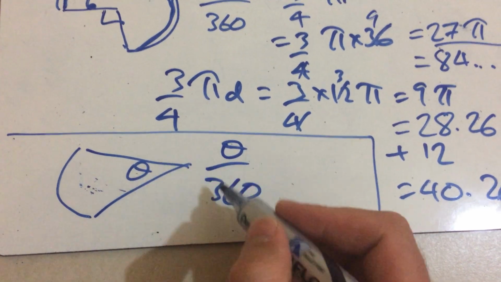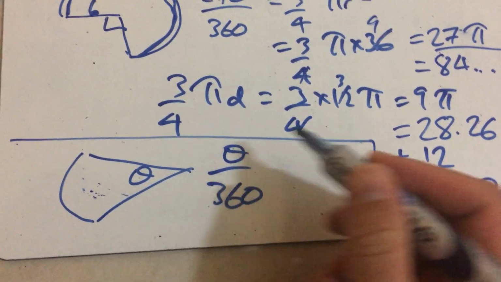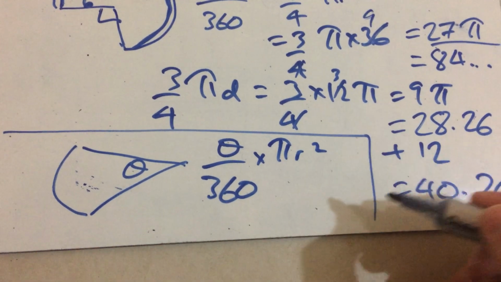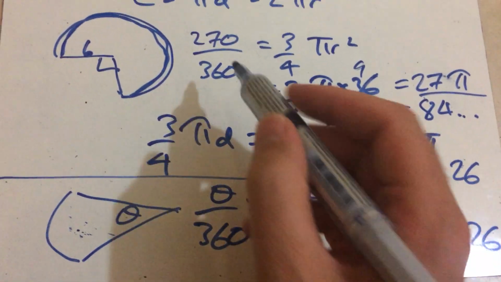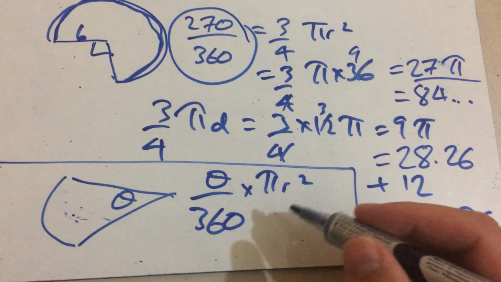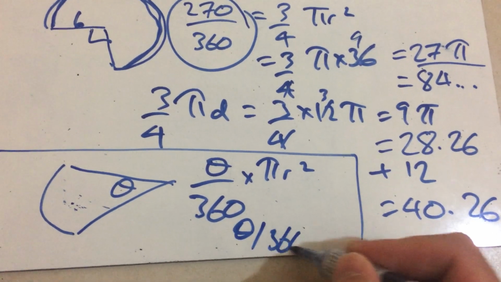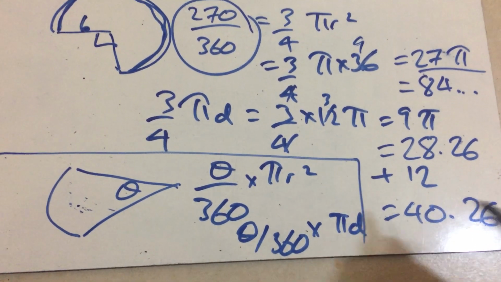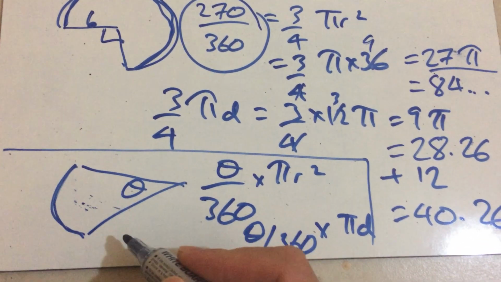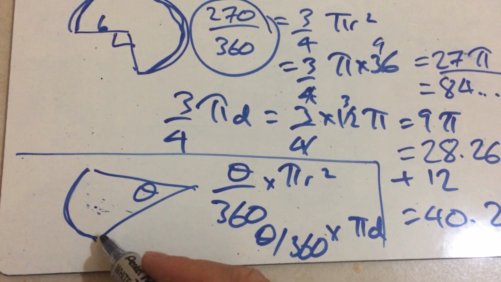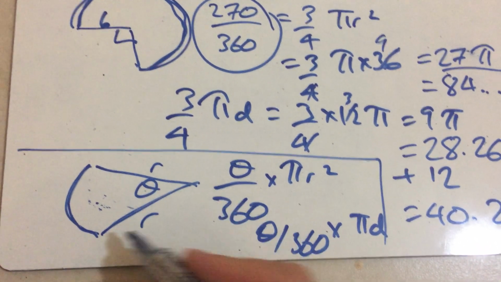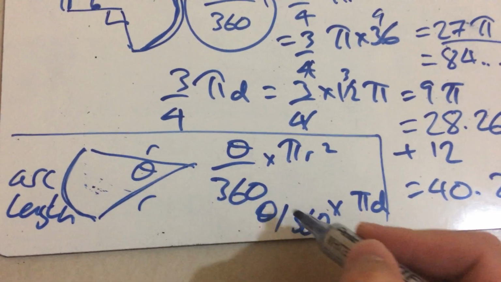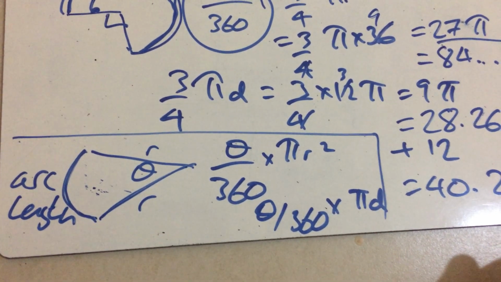So that angle divided by 360 would give us the fraction, and then we'd times that by, well, if we're wanting area, the area, or if we're wanting, as in this example I did there with 270, we'd times theta divided by 360 times the circumference. Okay, and then it just depends whether they're asking for arc length or perimeter. If they're wanting perimeter, they want the 2 radii in as well. If they just want arc length, then it's just theta divided by 360 times pi d.